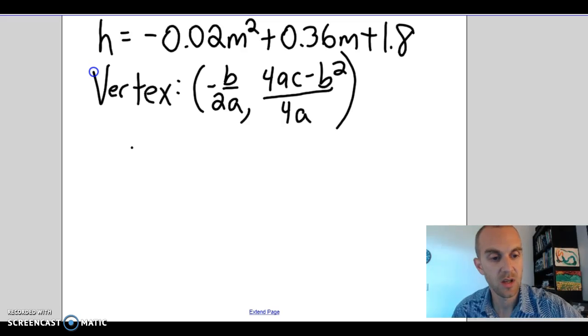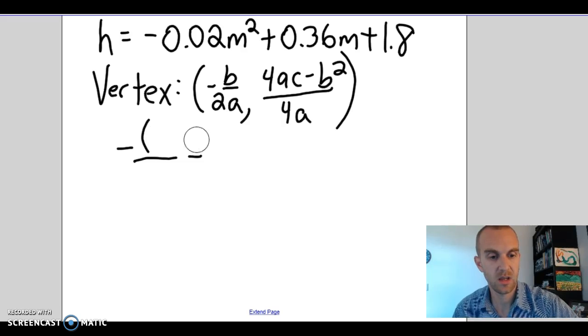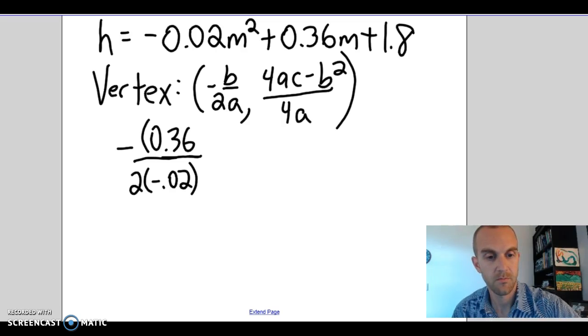So that would be negative, and then I've got the... I'm sorry, I got the 2 hundredths in the wrong place. That would be negative 36 hundredths over 2 times negative 2 hundredths.